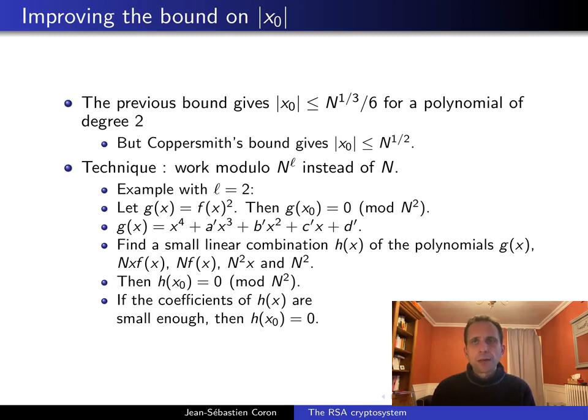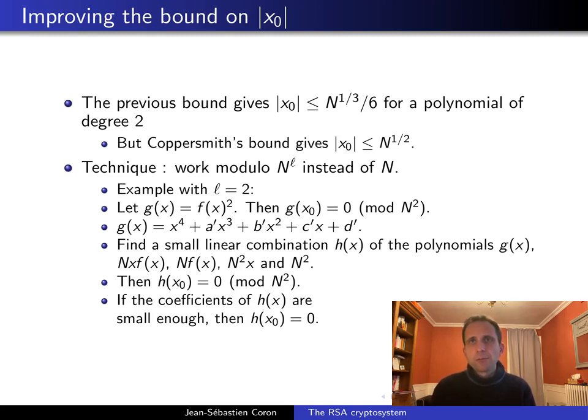We have seen this for g, and this is also true for n times x times f of x, because here we have multiplied by n. x0 is a root of f modulo n, but when we multiply by big N, this gives a root modulo n squared. And similarly for n squared times x and n squared.